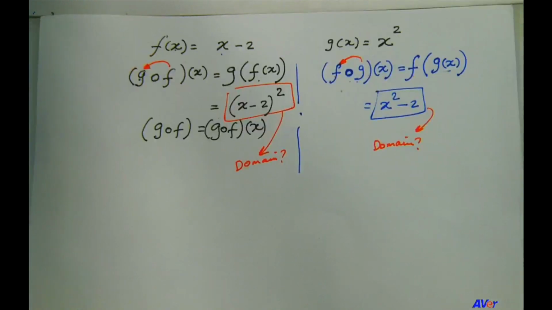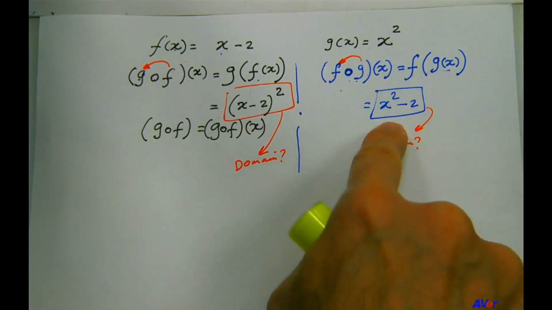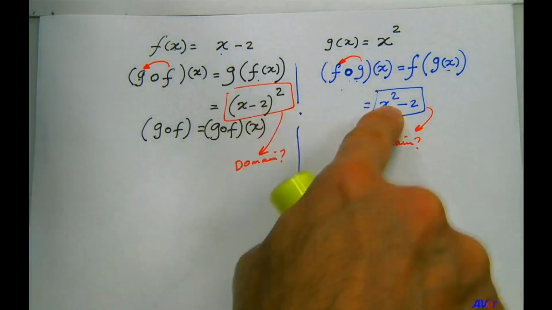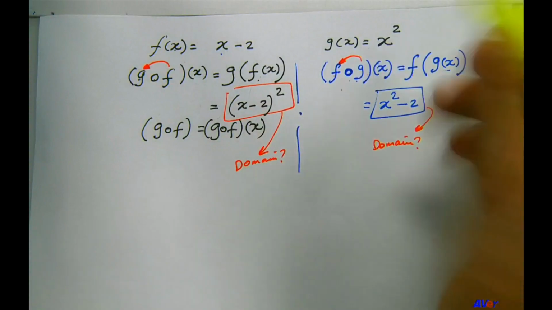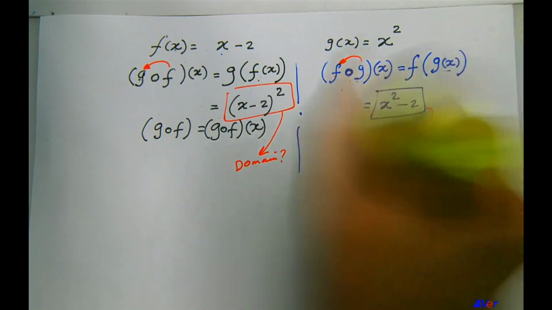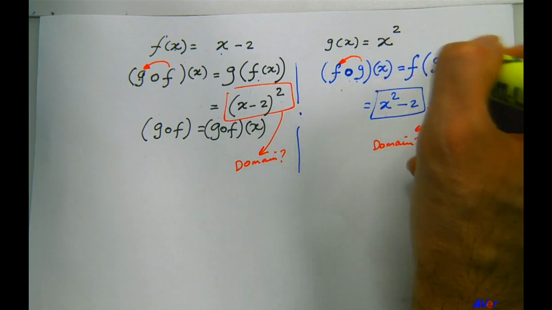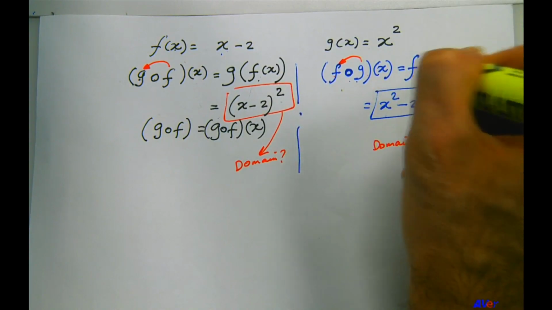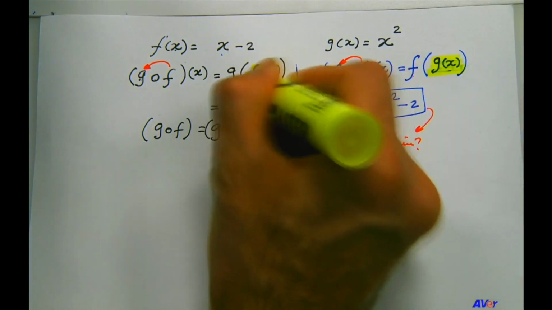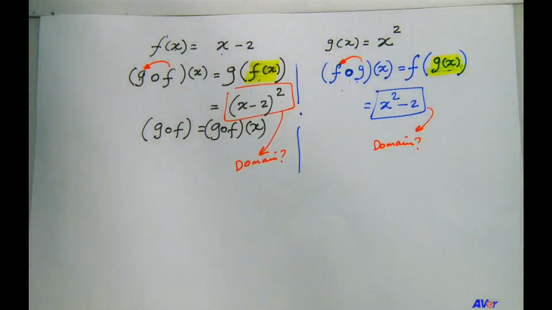One, of course, the domain of the composite function itself should make sense for that function, but also the final domain of the composite function should agree with the domain of the function that was replaced or embedded into the other function.